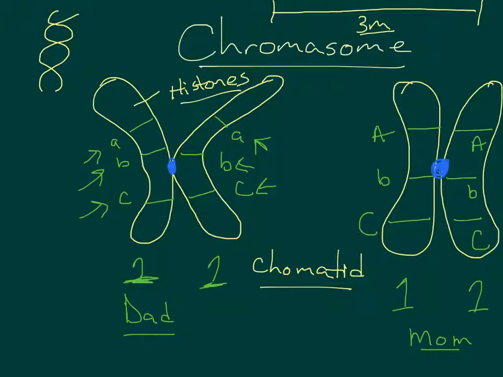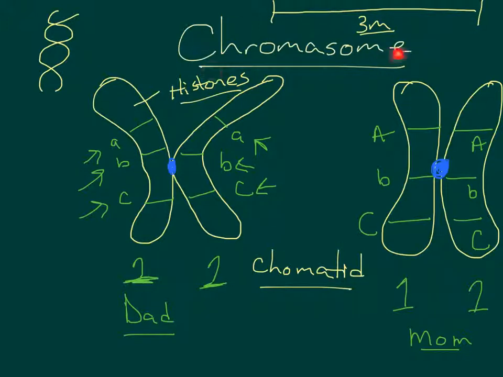The spindle fibers come in, they start to contract, they separate those two during anaphase, so you end up with one chromosome from Dad that has little a, little b, little c going into one cell, and one chromosome from Mom that has big A, little b, and big C going into the other cell. So a chromatid is an exact copy of the chromosome that was copied during S phase, and later during anaphase was separated into each individual cell. So that's what a chromatid is.